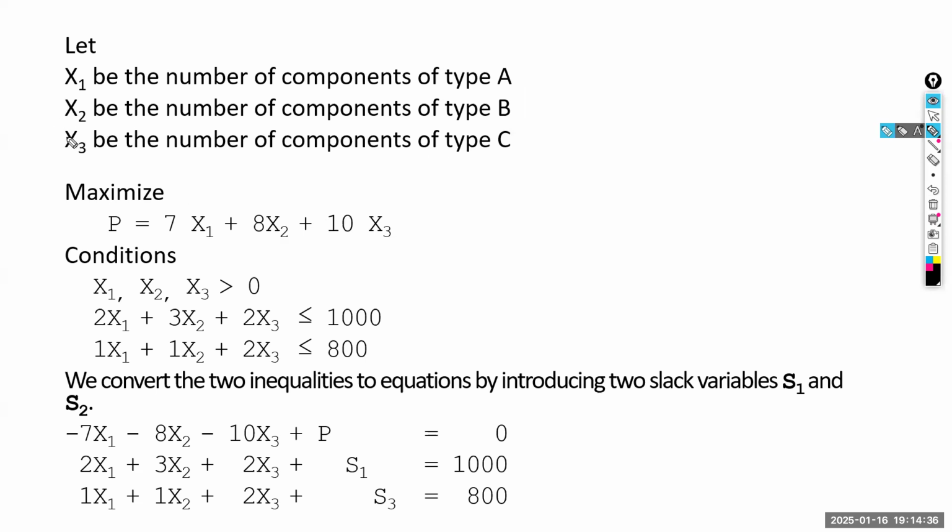Because we are going to produce x2 components of B, our total profit is 8 into x2. And for C, our profit is 10 into x3.